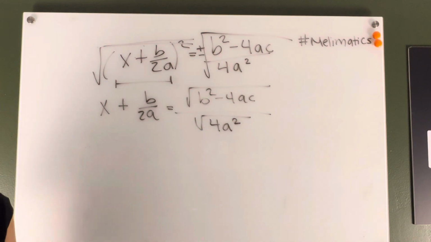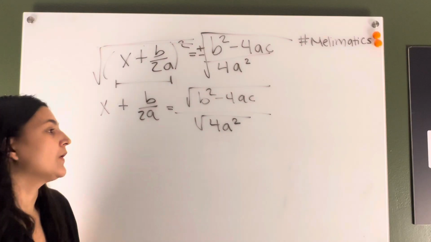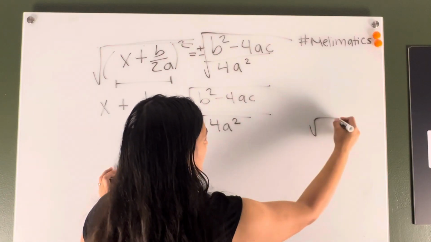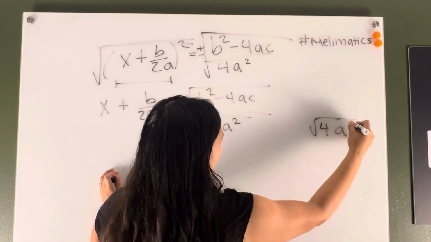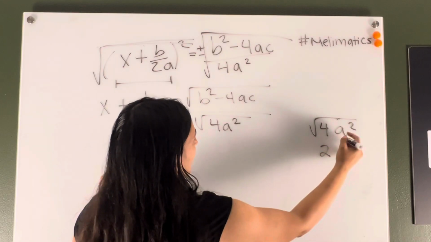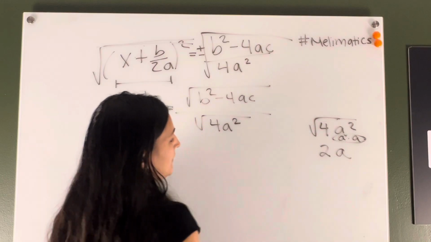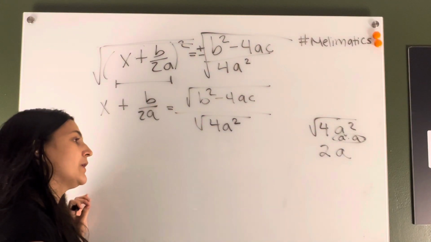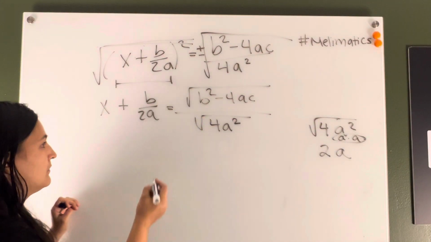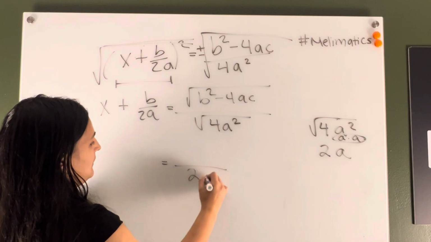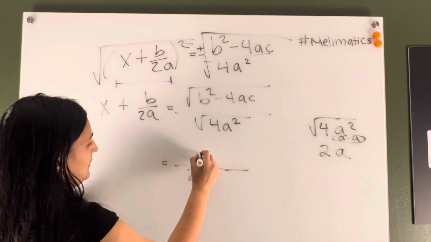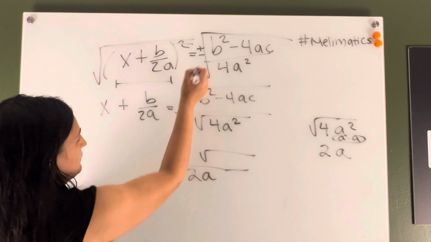Now, can we simplify the square root of 4a squared? Of course, the square root of 4 we know is 2, and then if I have a times a, I have a couple of a that can also come out. So the square root of 4a squared is simply 2a. Of course, don't forget the plus or minus.